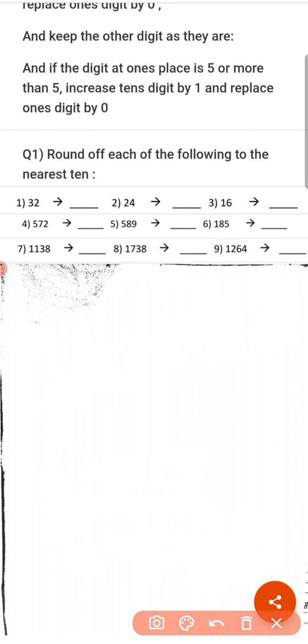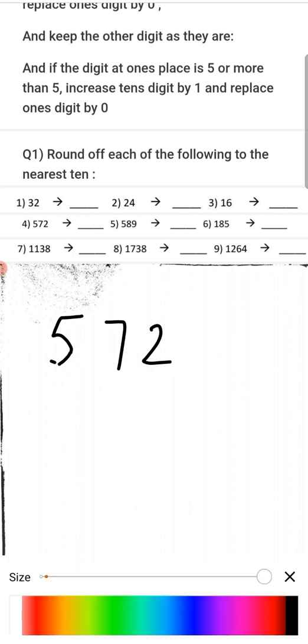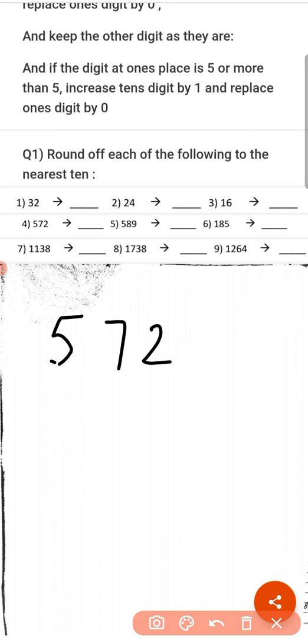Now let us do the 3-digit numbers, children. 572. Same steps, children. Check the digit at the ones place, which is 2. 2 is less than 5.